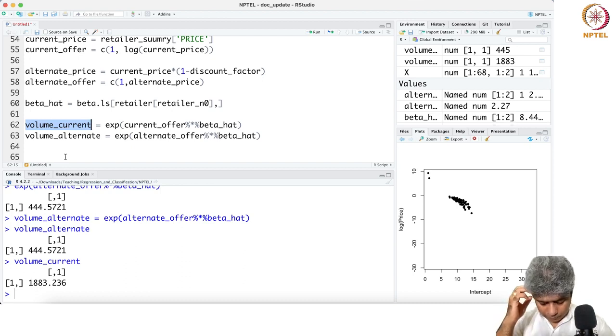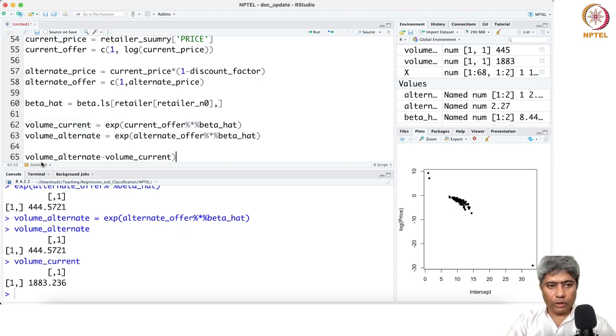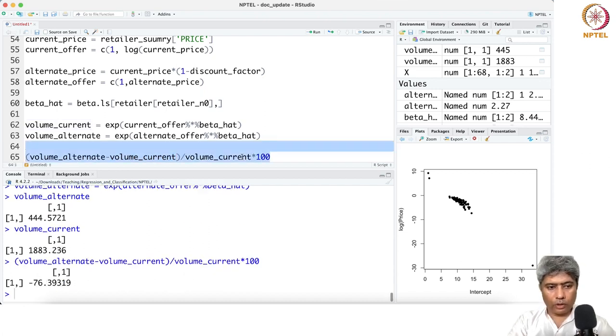So alternate offer minus current offer, divided by volume of current offer, times 100.